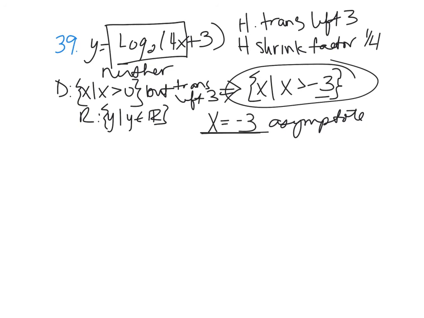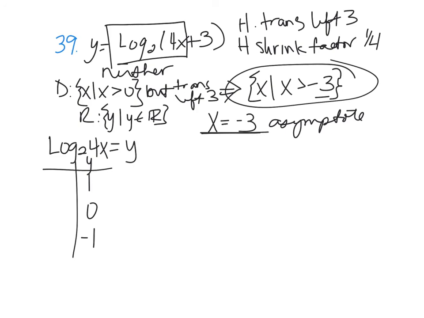Let's make a table. We're going to do the log 2 of 4x, where one of the ways we did this was we plugged in 1, 0, and -1 for the y. And we said, okay, well, log 2 of what gives me 1? Well, in this case, it's really 2 to the y equals 4x.